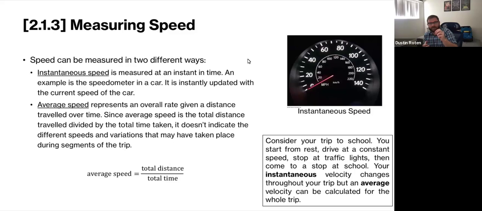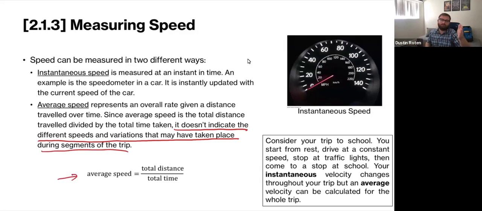Since the average speed is the total distance traveled divided by the total time taken, this is important: it doesn't indicate the different speeds and variations that take place during the segments of the trip. So here's the definition of average speed. If you go from one side of North Carolina to the other, it takes like 6.5 hours.